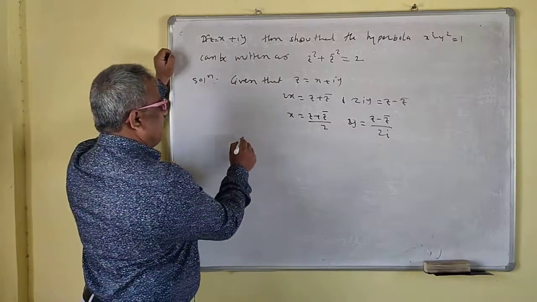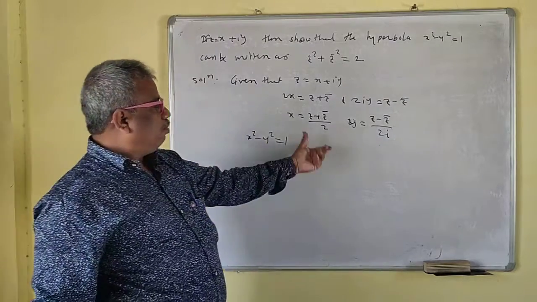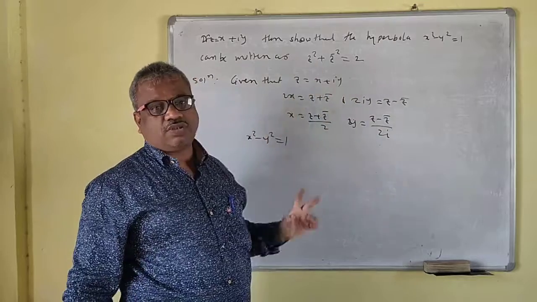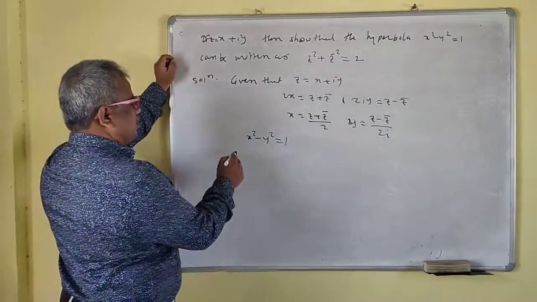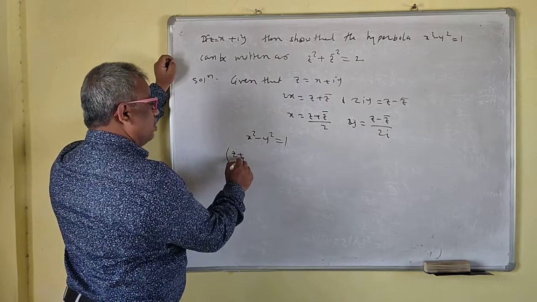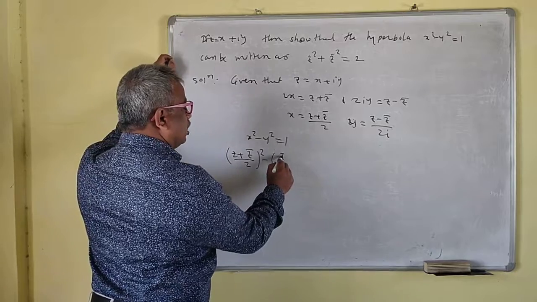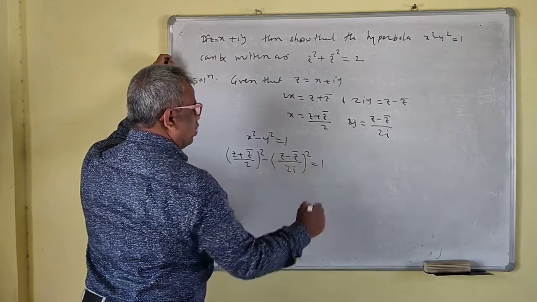Now we'll simplify x square minus y square is equal to 1. Put in the value of x and the value of y, and show that this is z square plus z bar square is 2. So x square minus y square is z plus z bar upon 2, whole square, minus z minus z bar upon twice i, bracket square, is equal to 1.